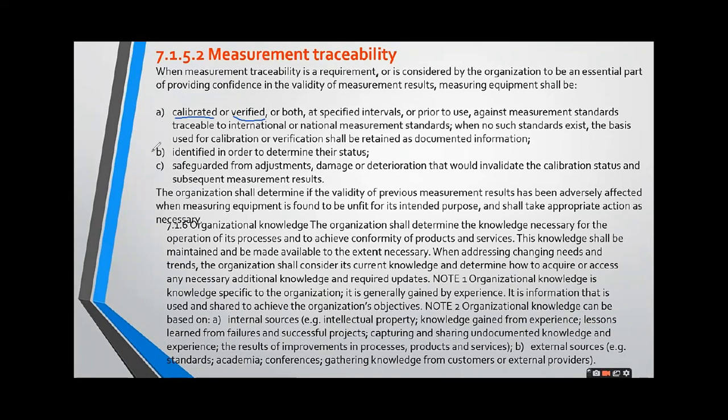Moving on to the second part, which is identification.